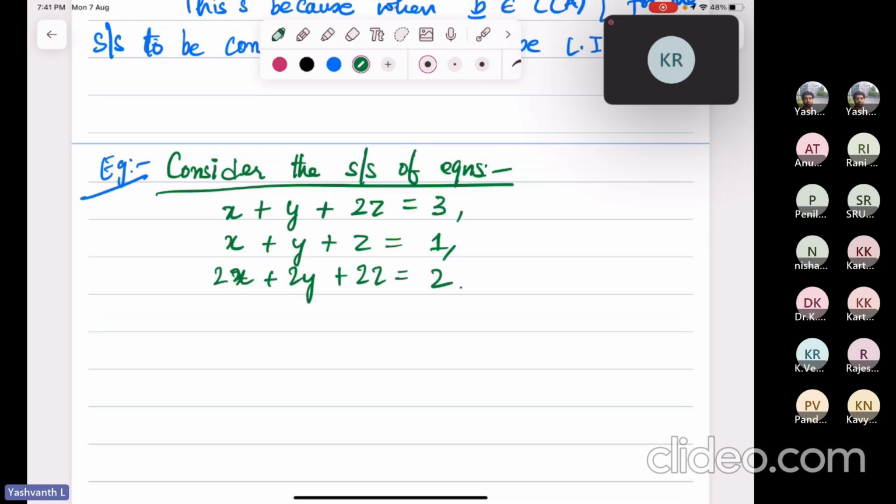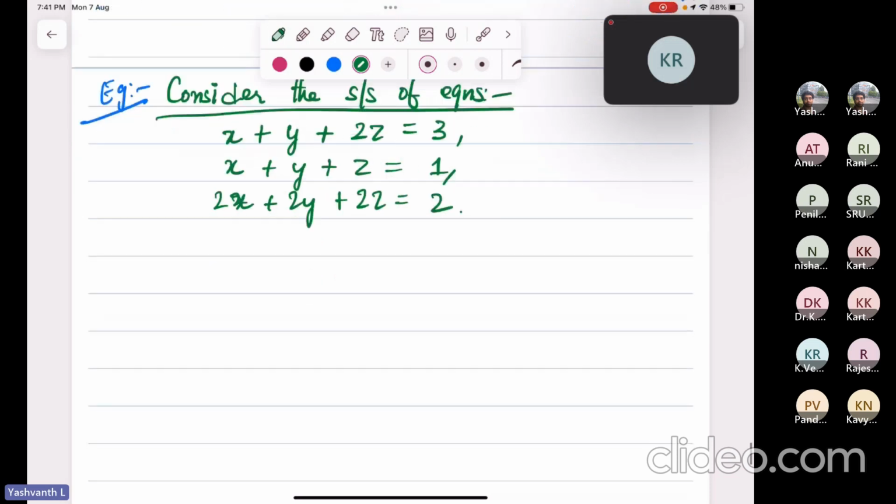Okay. Now to check, is the system of linear equations consistent? Okay. Solution. So what should we check?